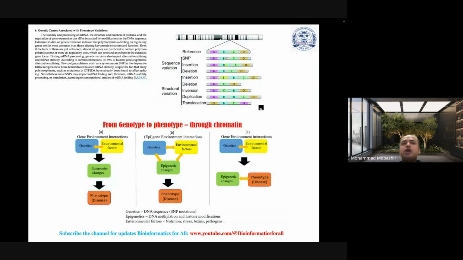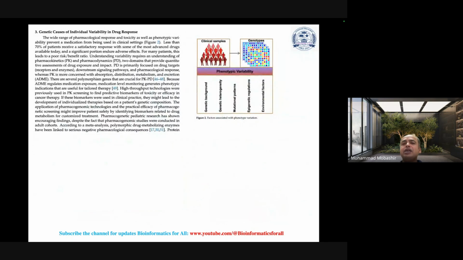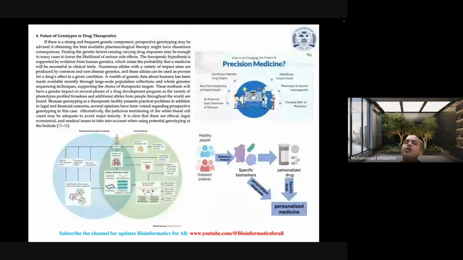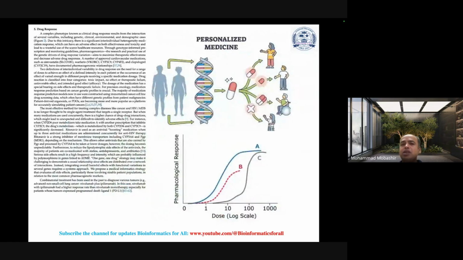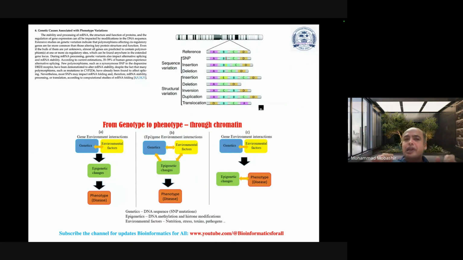Then you need to understand the genetic factors associated with phenotypes. As I mentioned here, genetic factors associated with phenotypic variabilities are mainly five things: genetic background, genetic heterogeneity, mutational patterns, epigenetic regulations, and environmental factors. But here you have the details about those things, for example, sequence variations.